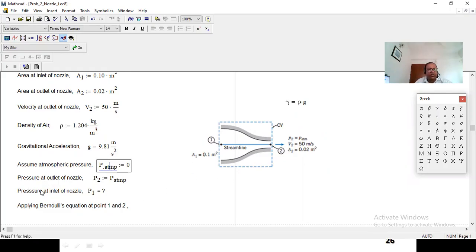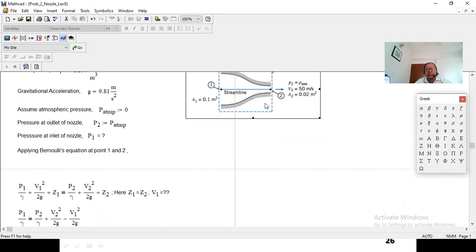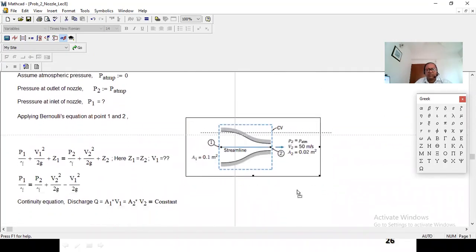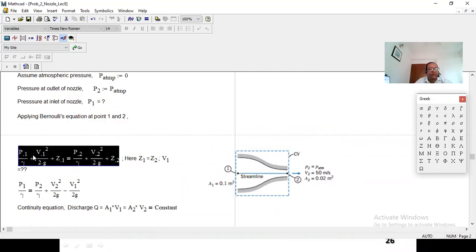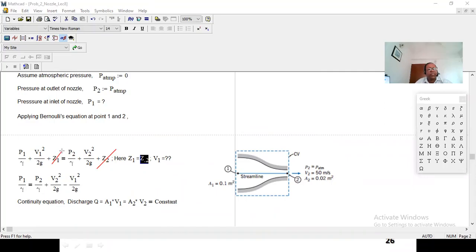Now, what do we need to figure out? Pressure at inlet P1 equal to how much? That we need to figure out. Pressure at point 2 equal to atmospheric pressure. Now, we'll apply Bernoulli's equation between 2 points. So this is Bernoulli's equation. Now, Z1, Z2 is same, that means this term will be out, right?